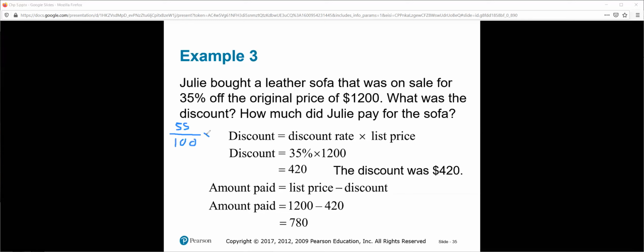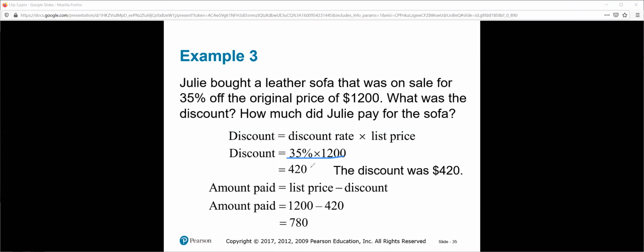If I multiply that by 1200, make that look like a 2, there we go. What am I doing? I'm multiplying straight across. I'm getting a number that is going to be smaller than 1200 because it's 1200 divided by 100, right? So my discount's going to be smaller than my list price, hence discount, right?